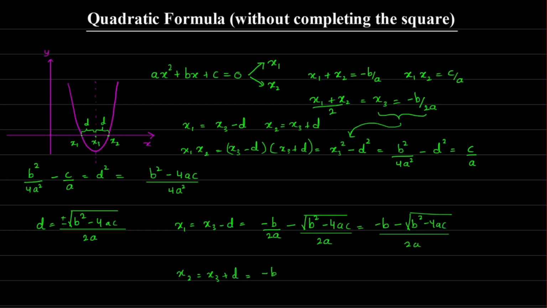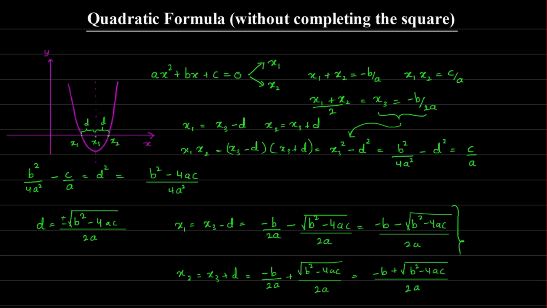And then x2 is equal to x3 plus d. That's equal to minus b divided by 2a plus the square root of b squared minus 4ac divided by 2a, and writing that with the common denominator we get minus b plus the square root of b squared minus 4ac, divided by 2a.